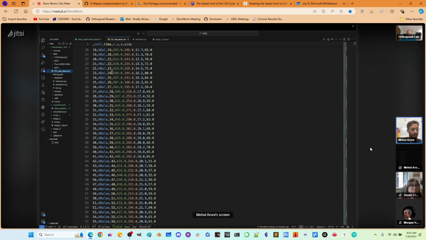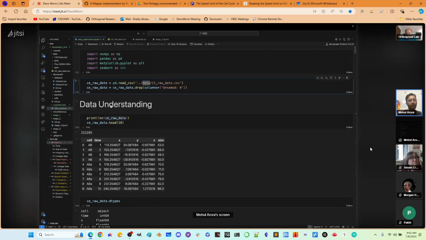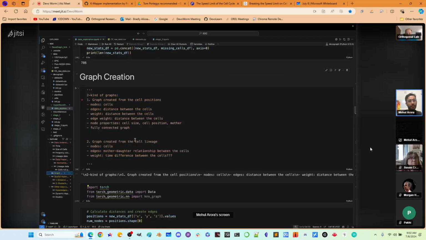In the discussion today, I plan to cover the data understanding, what I understood from the data, and then I have done some data preparation, basically trying to prepare it for the graphs. Then I have made a graph based on the spatial data. I plan to create graphs for spatial as well as cell lineage, but right now focusing on the spatial graph. Then I also created a spatial hypergraph.